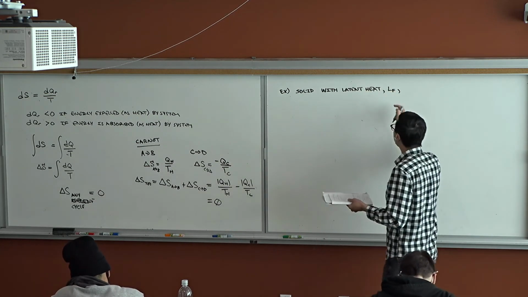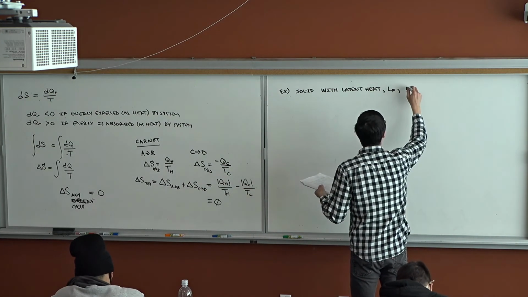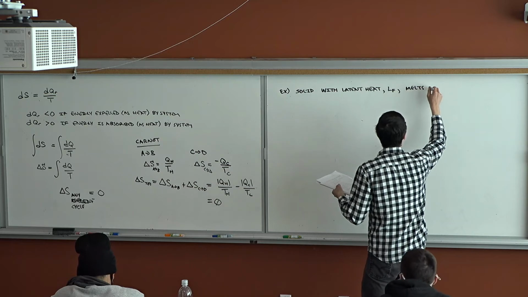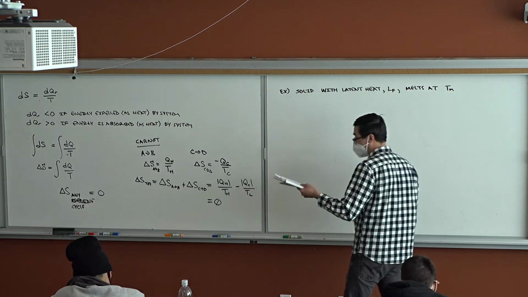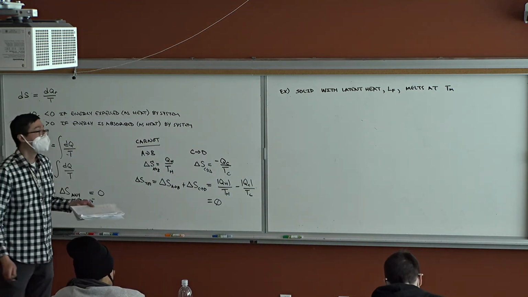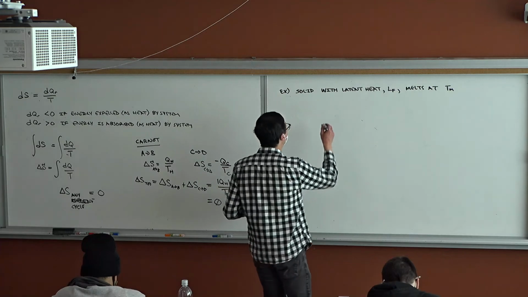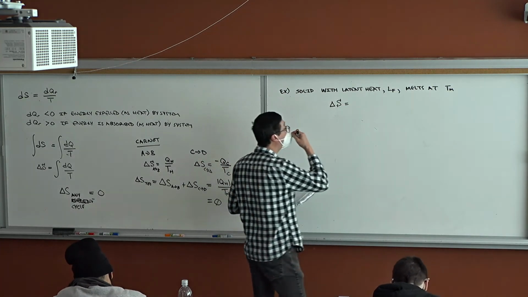So, a solid with latent heat of fusion, LF, melts at a melting temperature, Tm. And I wanted to look at the entropy here, the change in entropy, at least.